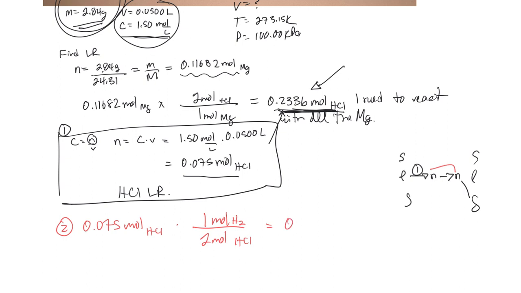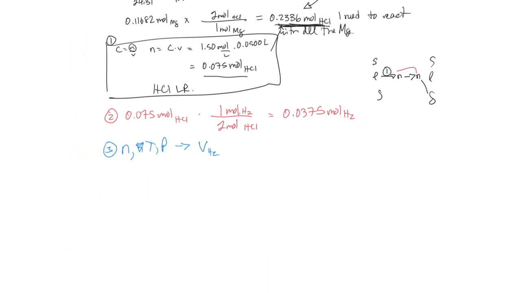That gives me 0.0375 moles of hydrogen gas. Then my last step will be to take those moles and the temperature and the pressure from up above, and from those find the volume of hydrogen gas.